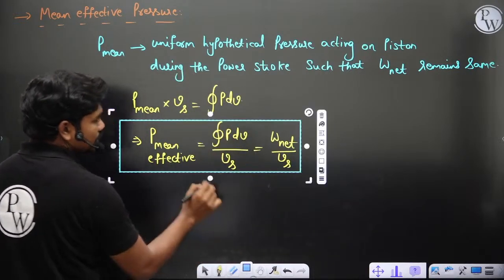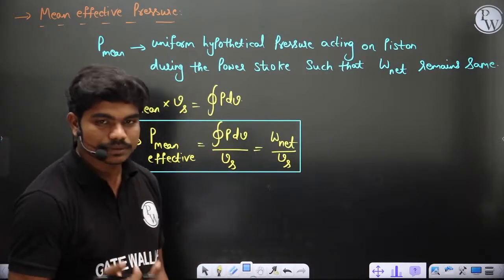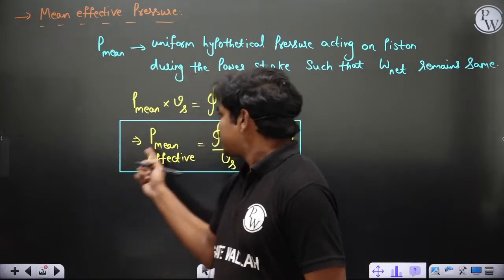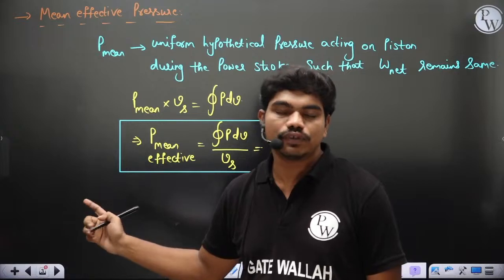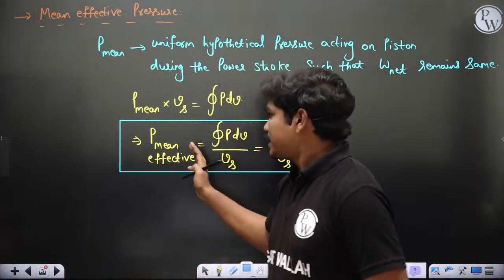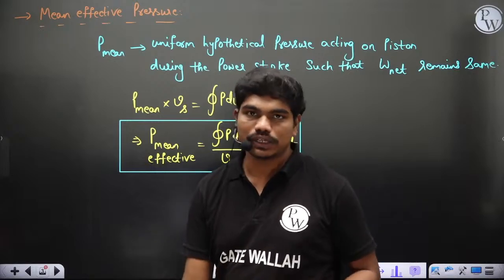Of course in the GATE syllabus we don't have this, but sometimes people can ask you, but this is the simple formula. Normally this calculation gives you very easy maths for calculating indicated powers or brake thermal powers, all these things. Right now I'm just putting it in formula form so that you can refer to it.